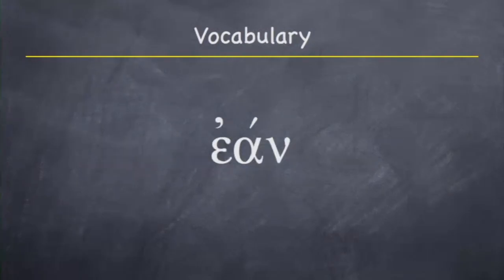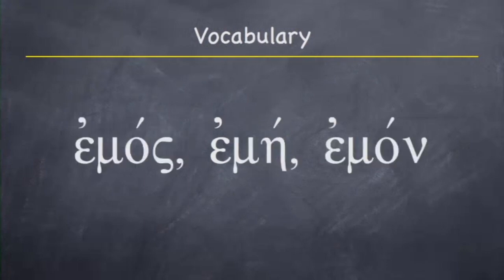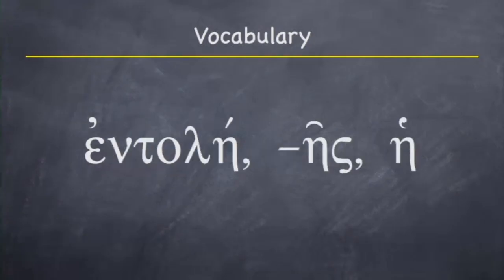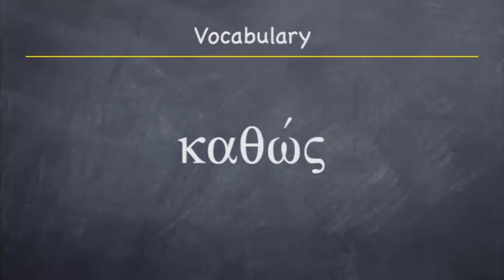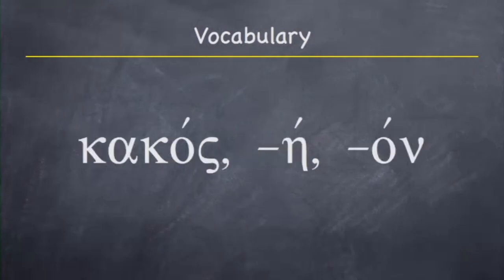Ean: if, when. Emos, eme, emon: my, mine. Entole, entoles, he: commandment. Kathos: as, even as. Kakos, kake, kakon: bad, evil.